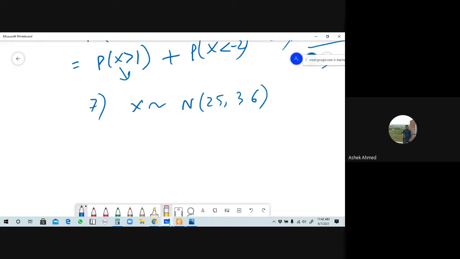Is it right? So here the value of mu is equal to 25 and the value of sigma square is 36. Is it right? Response me. So from it, tell me the value of sigma will be 6. Is it right? Response me.